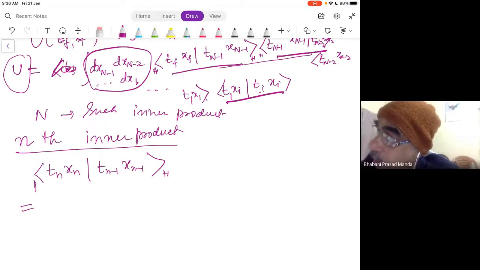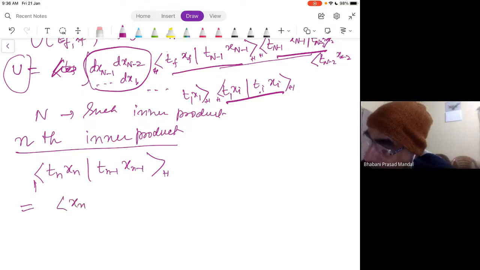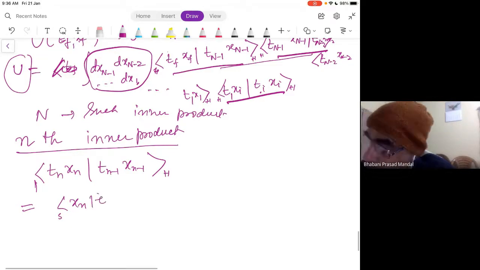I forgot to write it, but everywhere it is Heisenberg. Now for this calculation I'll go back to the Schrodinger picture. So I can write xn; when I write xn, it is implied to be the Schrodinger picture, or if you want you can write xn as e to the power minus i by h cut Tn H.